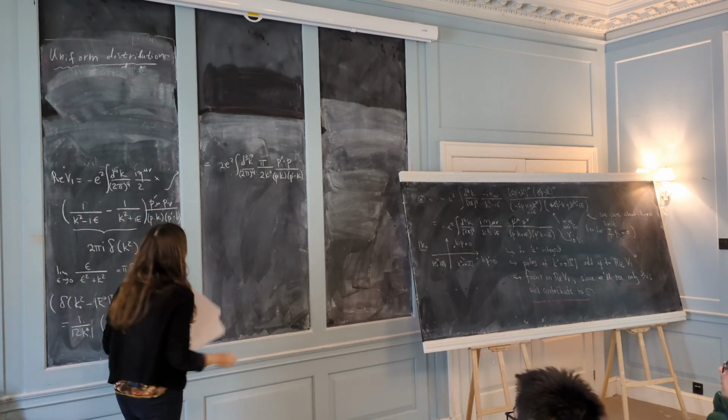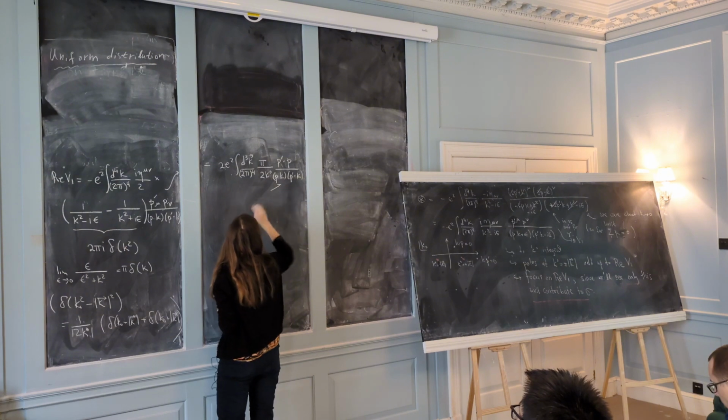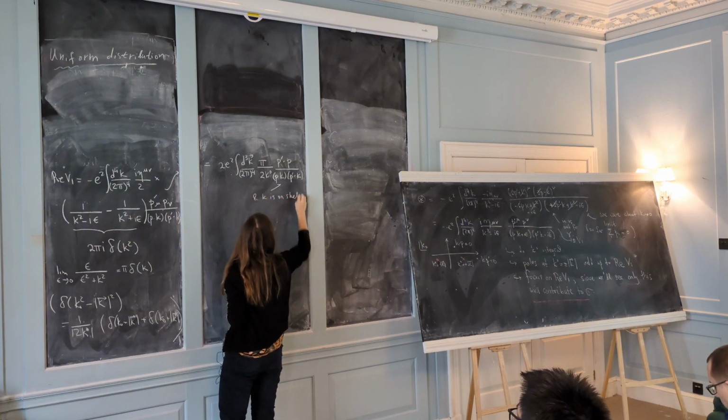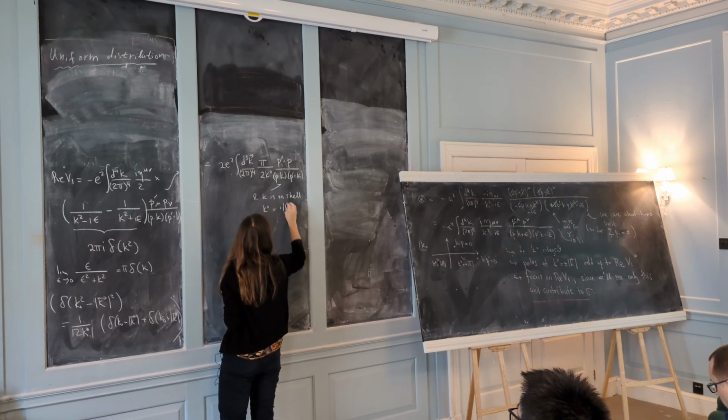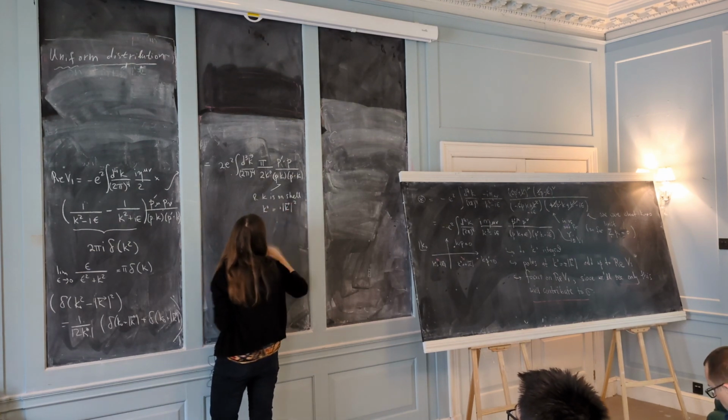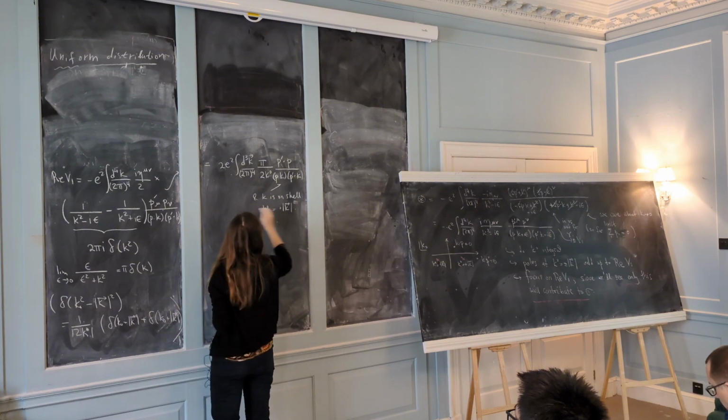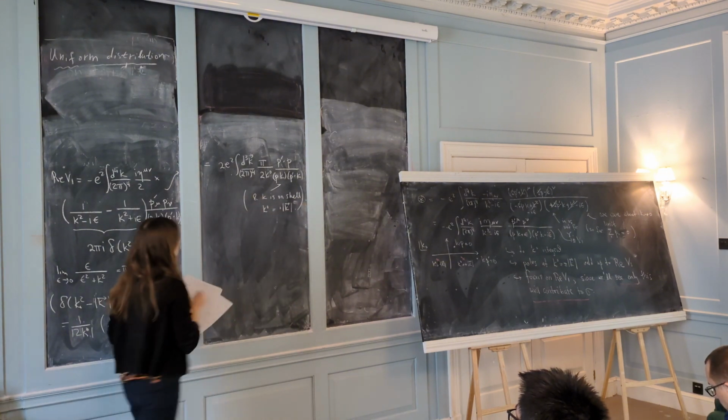And now k is on shell, meaning that k0 is basically the absolute value of k.